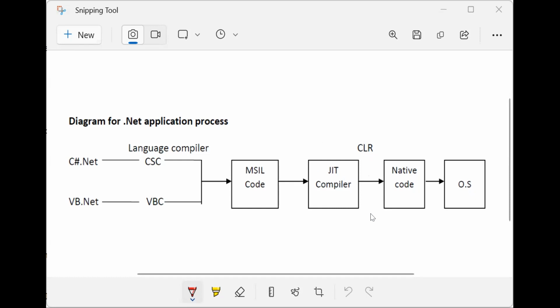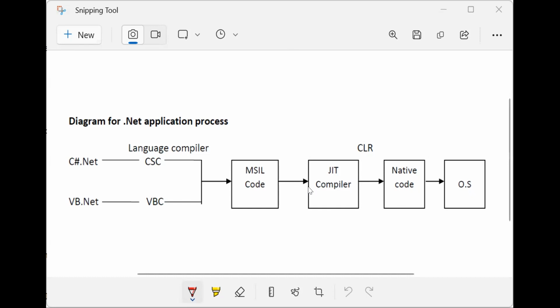The just in time compiler will convert the common language runtime, this is CLR, okay, to its native code, meaning whatever the chip inside the memory card understands, zeros and ones. All this converts to the operating system understandable format.